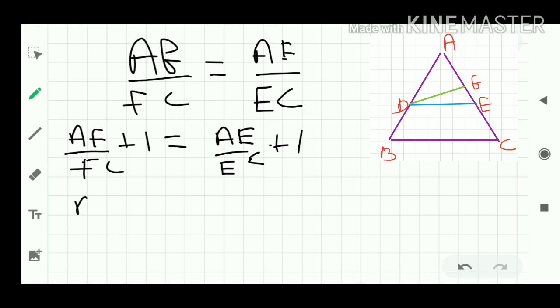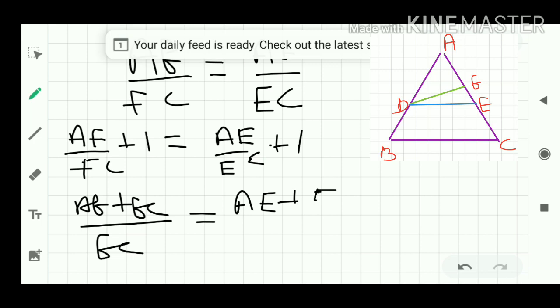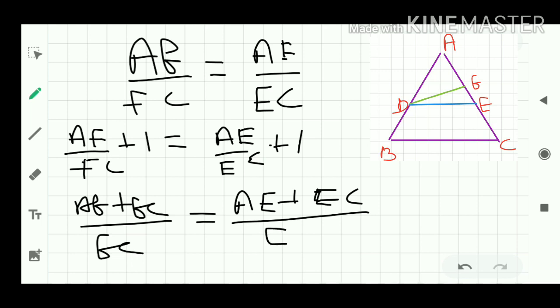AF plus FC by FC equal to AE plus EC by EC.